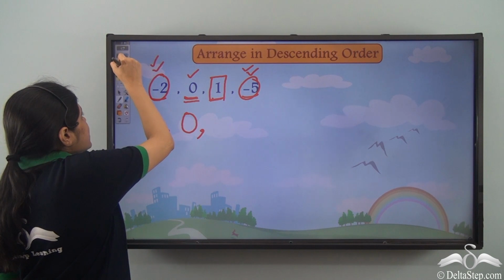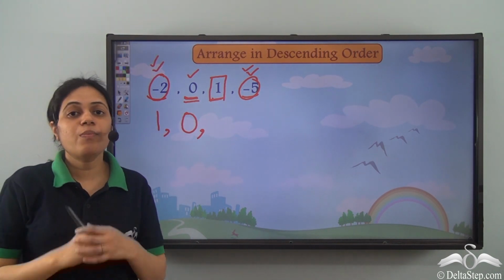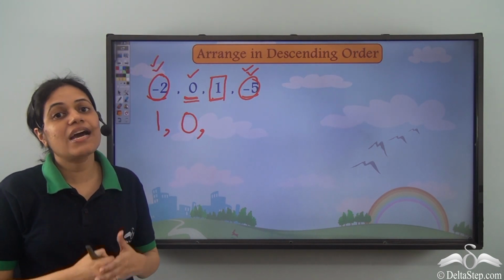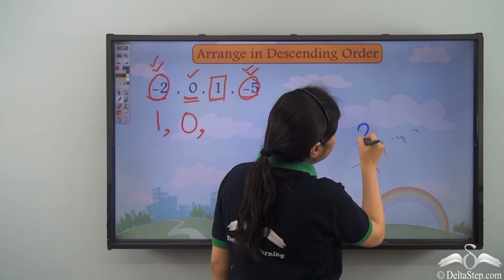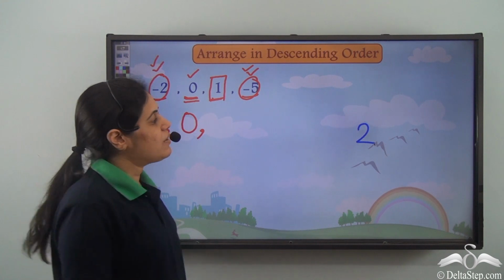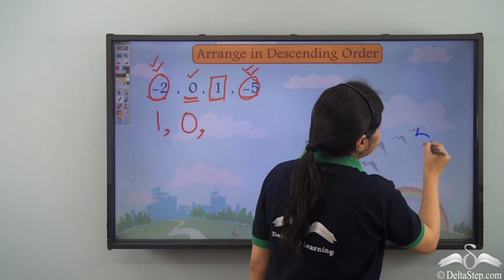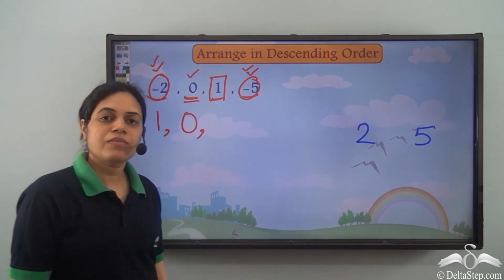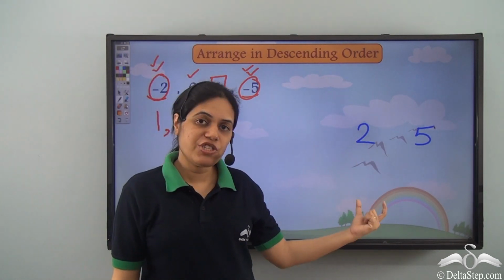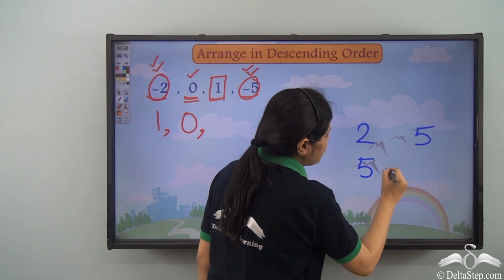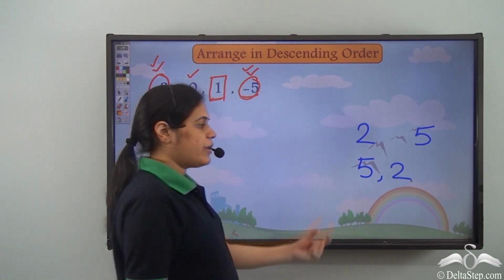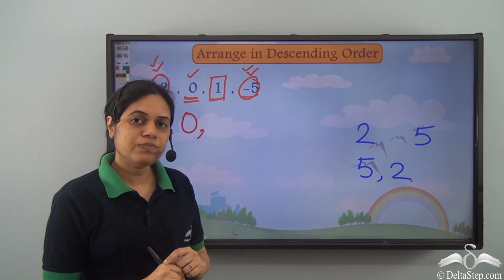Now I just consider their positive values, that is their magnitudes. So the magnitude of -2 is 2 and the magnitude of -5 is 5. Now if I arrange them in descending order, I will have 5 and 2 because 5 is greater than 2.